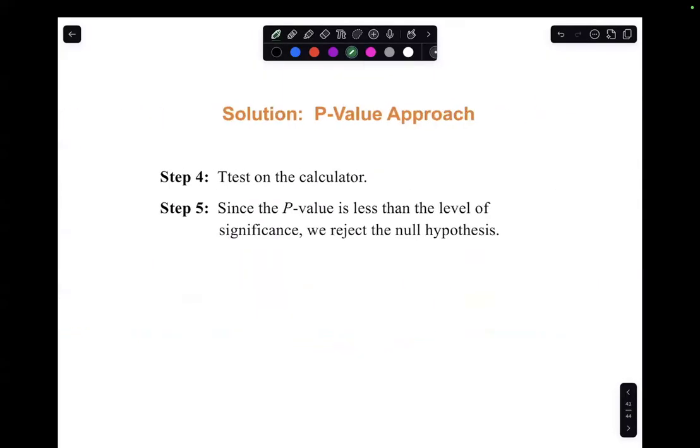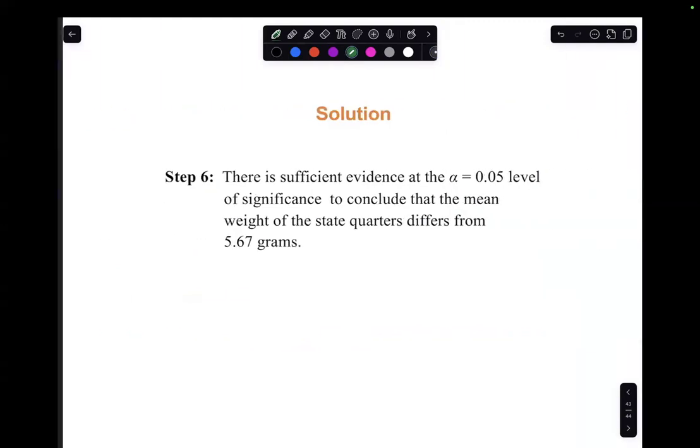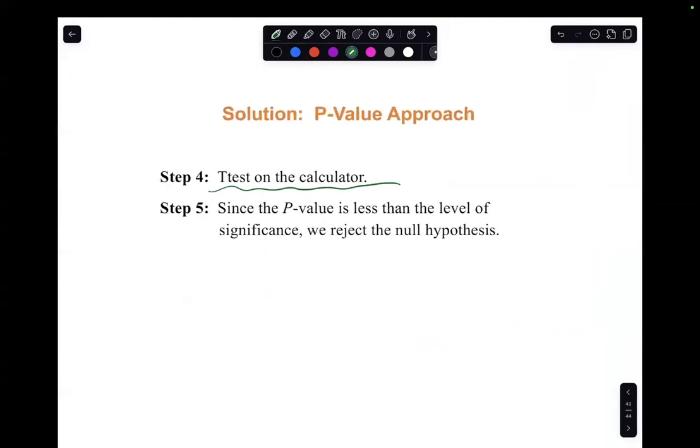So p-value, see, they even say t-test on calculator. Use t-test, get your p-value. So right here, you can say this. The p-value is less than the level of significance. We reject the null hypothesis. I want to see the words reject or do not reject or fail to reject.